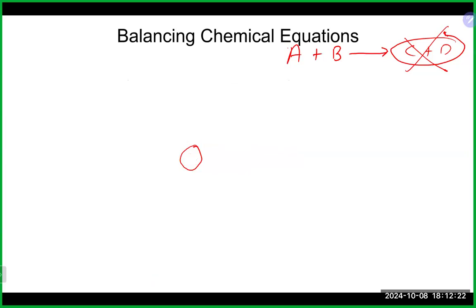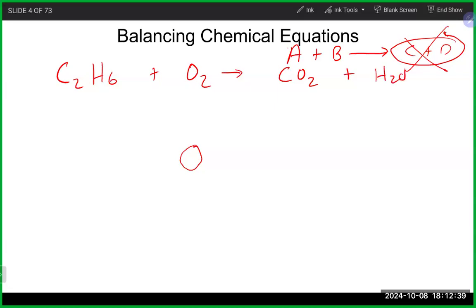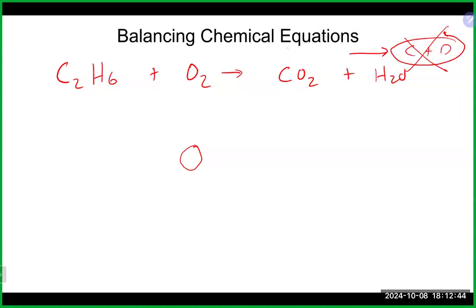So what we want to do is take our equation here, C2H6 plus O2 gives us CO2 and water. And once we have all of the correct formulas down, this is what is known sometimes as the unbalanced equation.